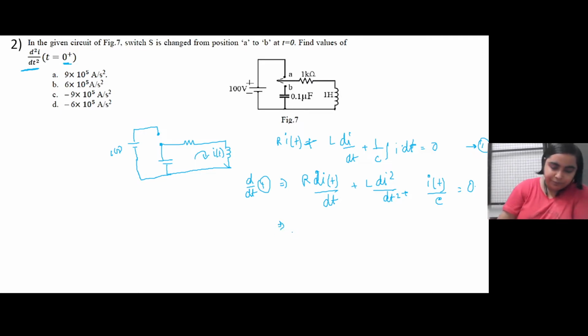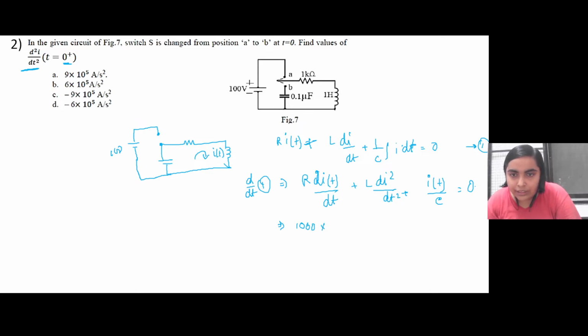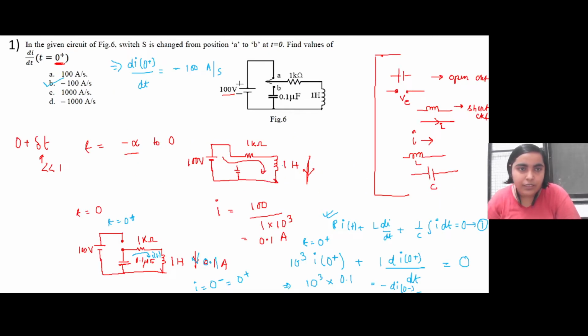This is equal to 1 kilo ohm into di by dt, which we have found in the previous problem, di by dt at 0 plus.